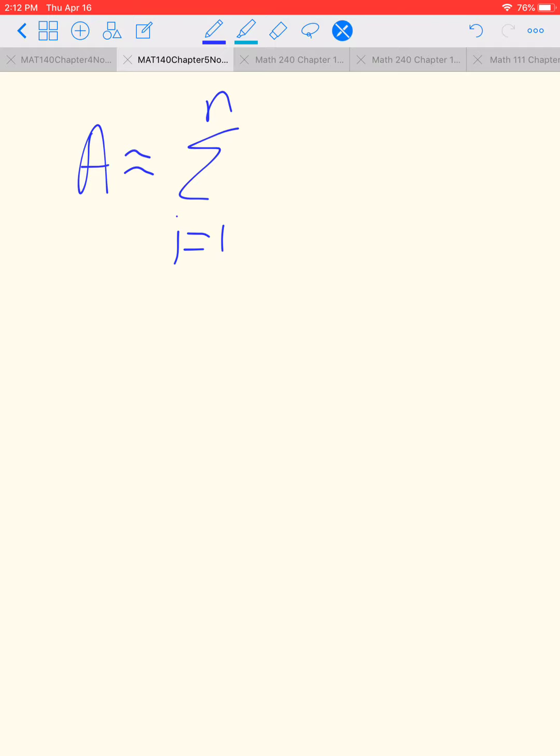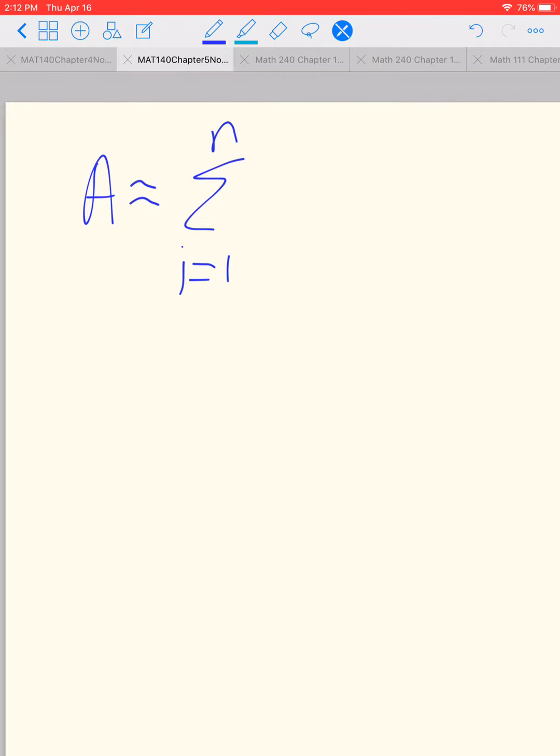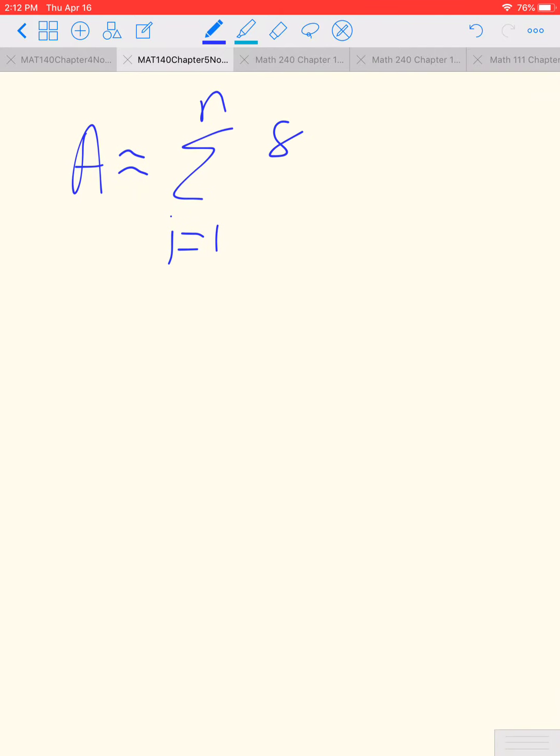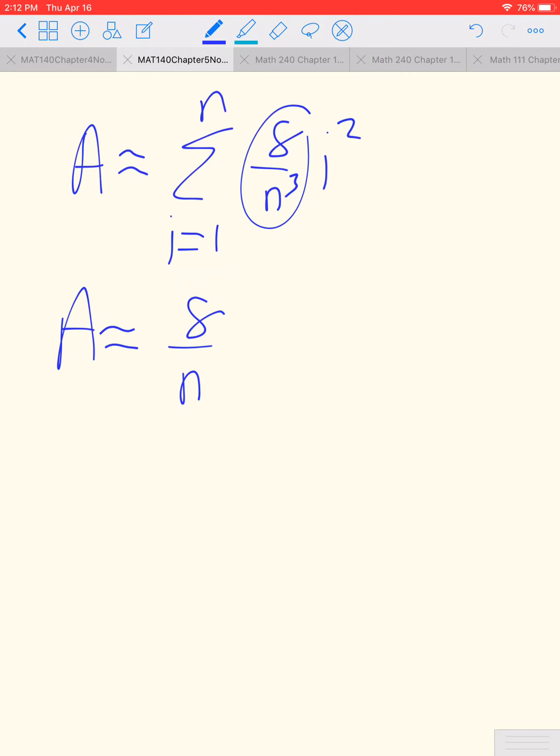Let me just go back and look. It's going to end up being 8 over n cubed times i squared. With respect to the index of summation, this is a constant, so you could bring that to the outside. That's 8 over n cubed, the summation from i equals 1 to n of i squared.